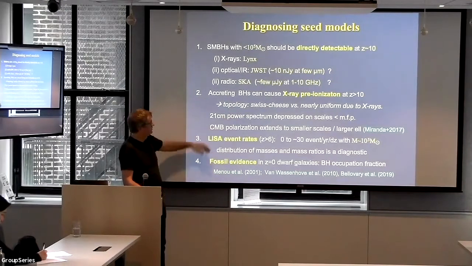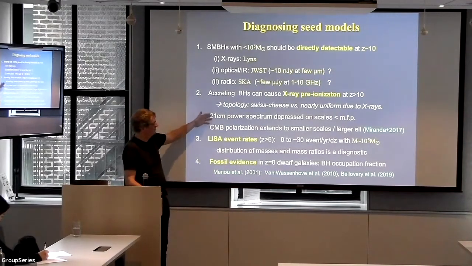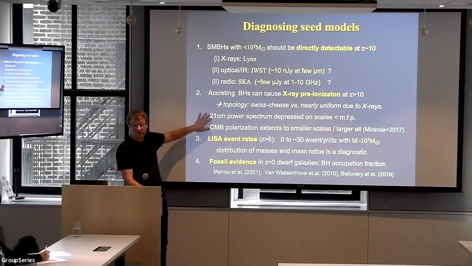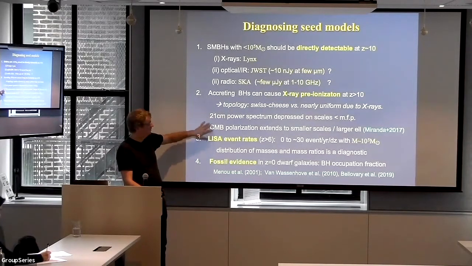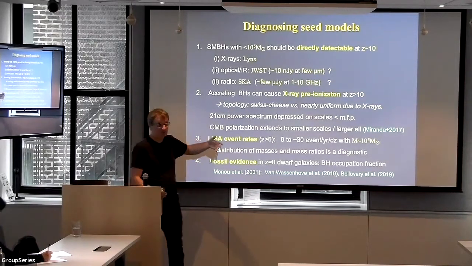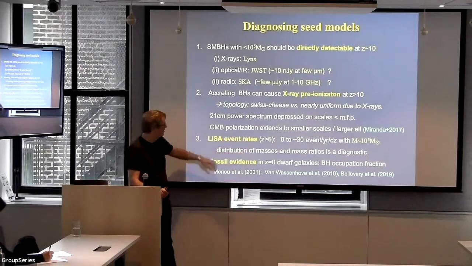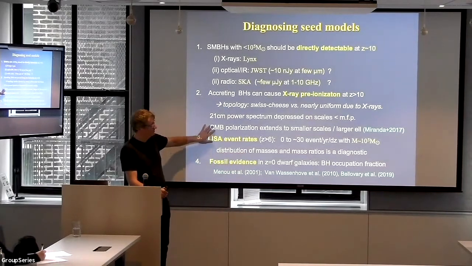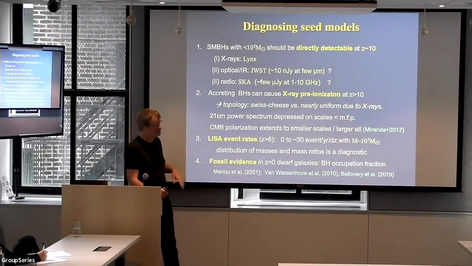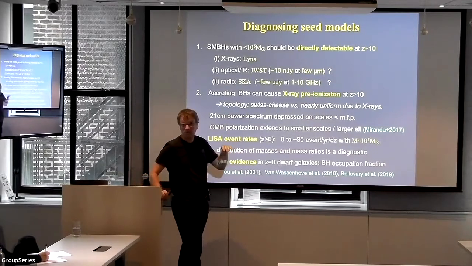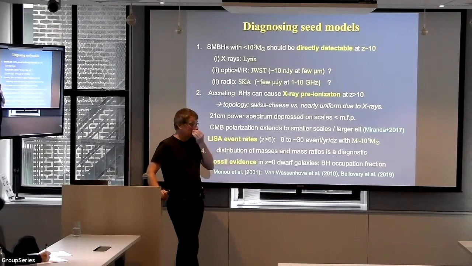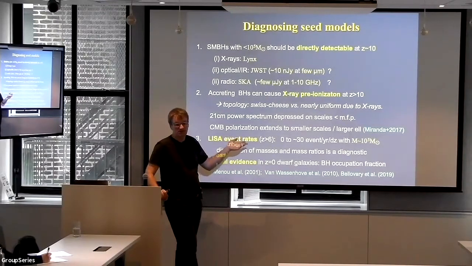This could show up in the topology of reionization. Maybe you can probe this with the 21 centimeter power spectrum, which should be smoother on small scales. Or CMB depolarization could help, because you'll have a tail of partial ionization to high redshift, and that could be probed by better measurements of the large angle polarization.